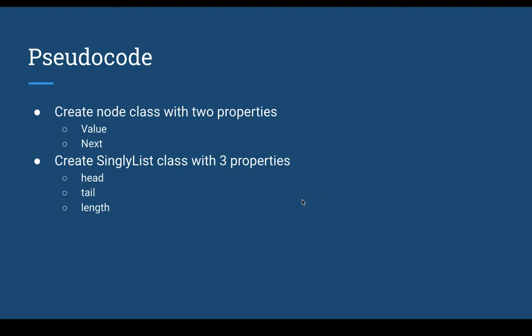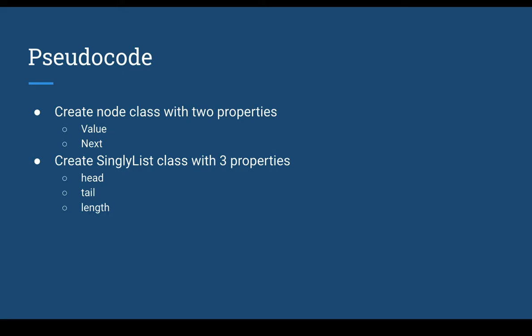So to build out this singly linked list class, we're going to build out two classes. First is for the node, because as I said, a singly linked list is a collection of nodes, and these individual nodes have a value and a next property. And the singly linked list class will have three properties.